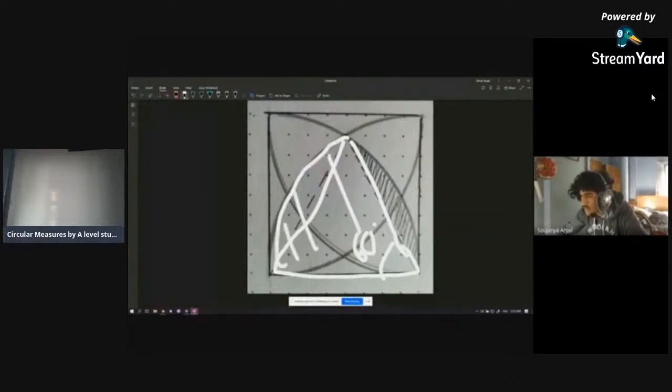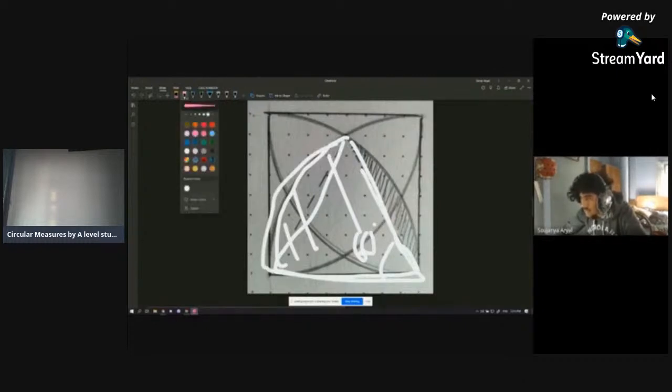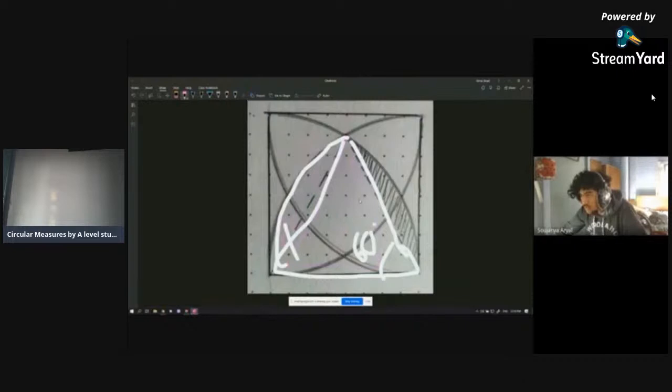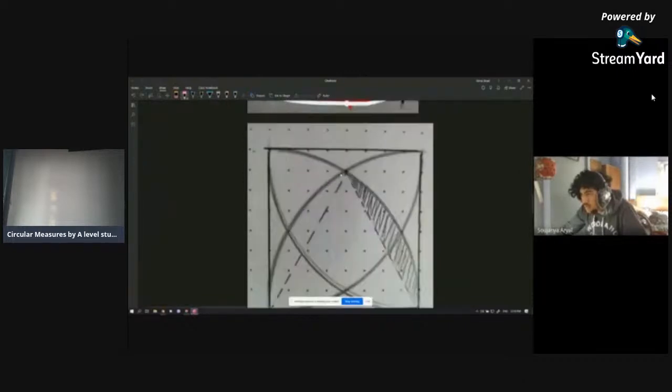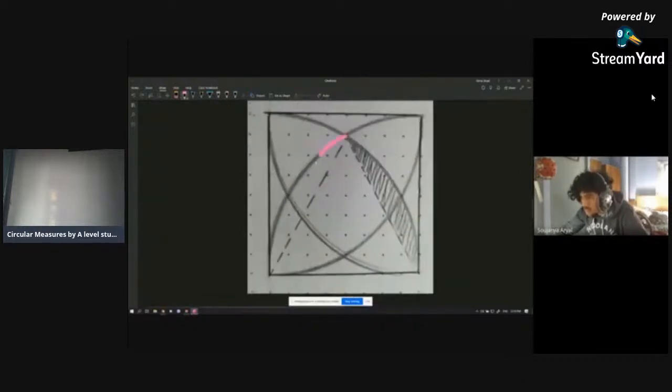If we subtract the area of this triangle from the area of this sector, we can find this small portion. So this sector minus this triangle will give us this portion over here.